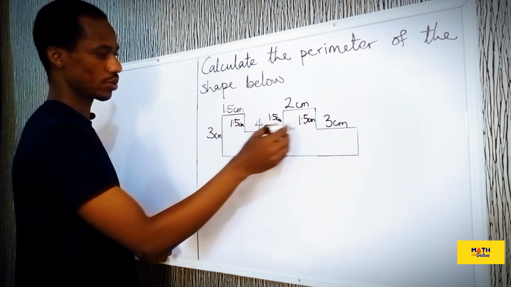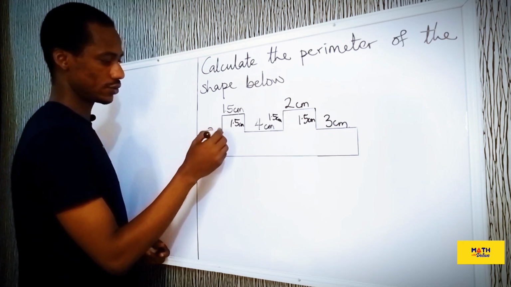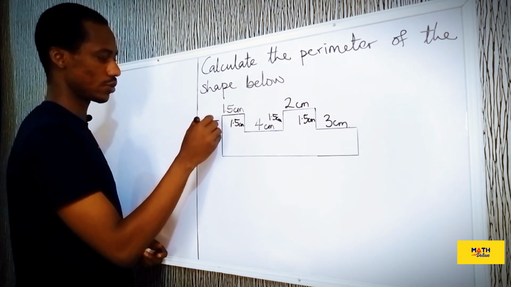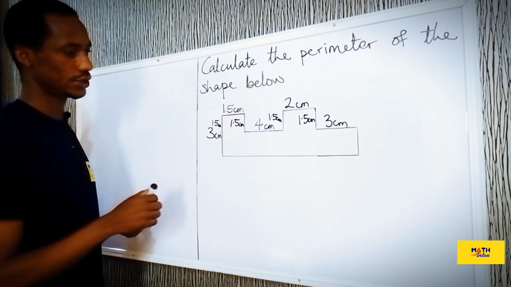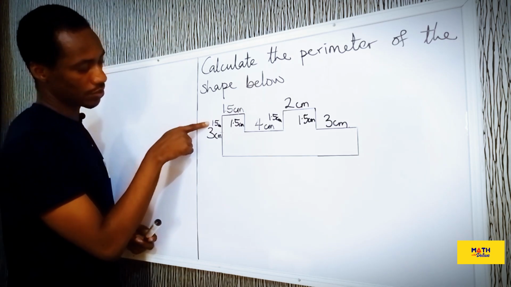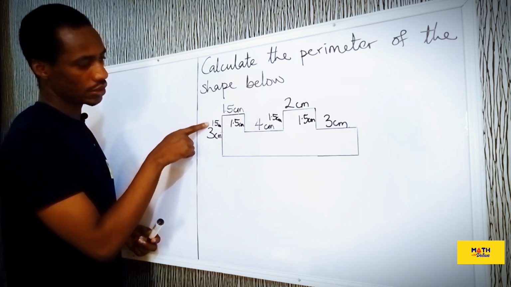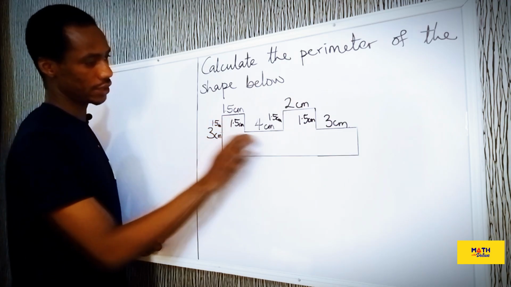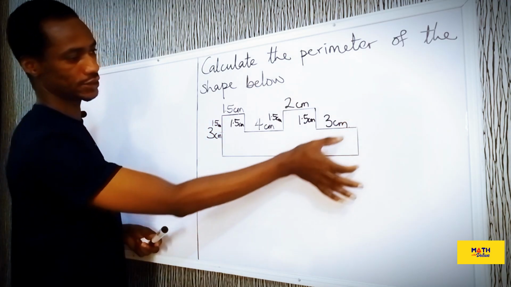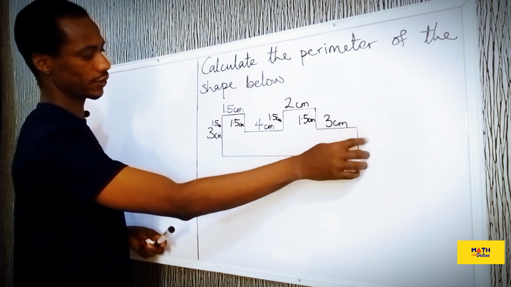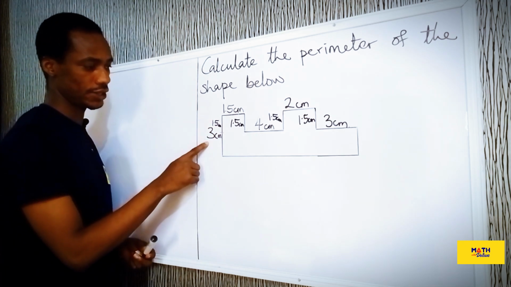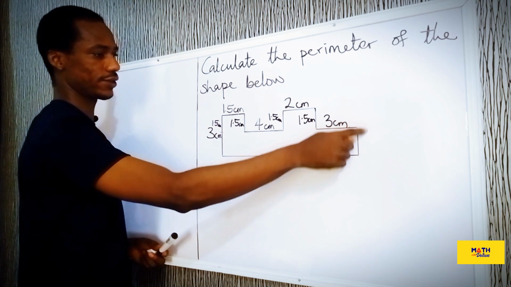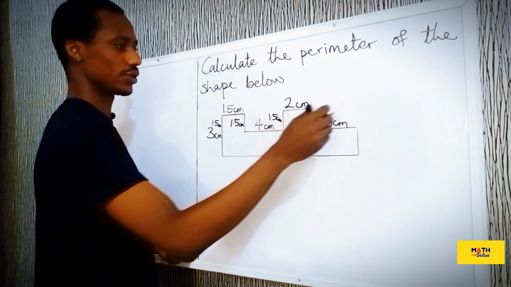So if we trace this 1.5 to this point, that means this is 1.5 centimeters. I'm going to take that off because we don't need it. So this is 1.5, and then the remaining portion is this length. Can you see it? If we take away 1.5 from 3, we'll have this length.